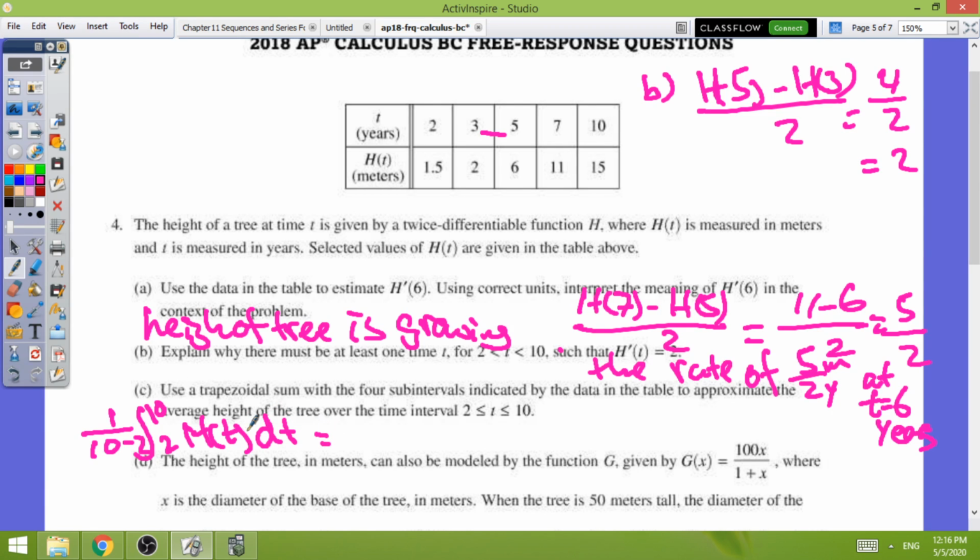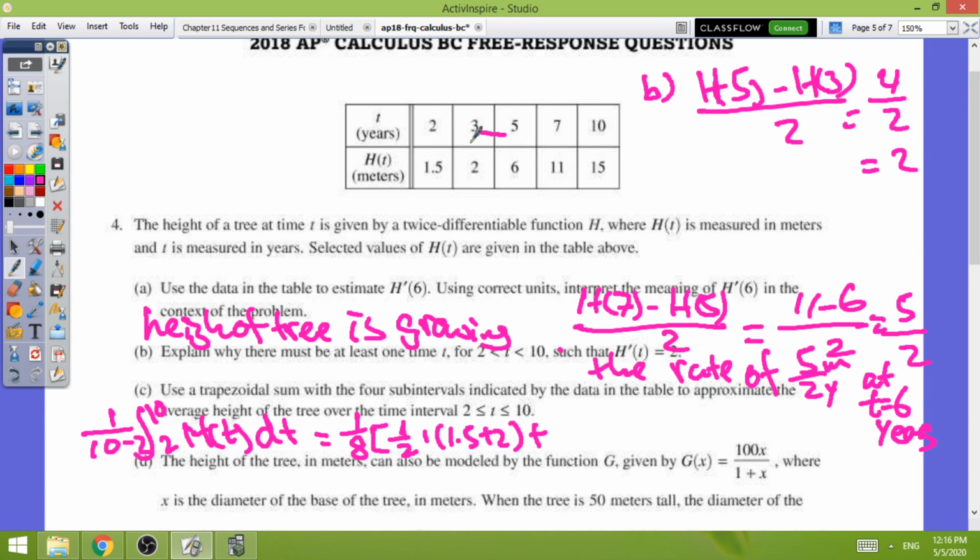But now for that integral, we need to use the trapezoidal rule. So 1/8, that's just the time interval, the average value. And then we're using the trapezoidal formula, so it's 1/2 times 1, because the time interval from 2 to 3 is 1, and from 2 to 3 we have 1.5 plus 2 for the first trapezoid.